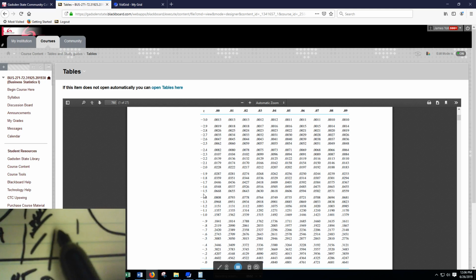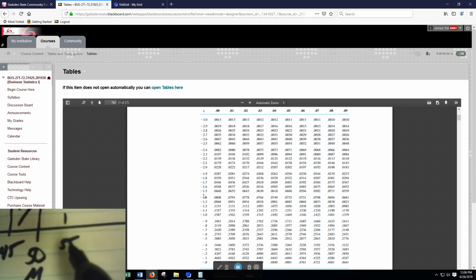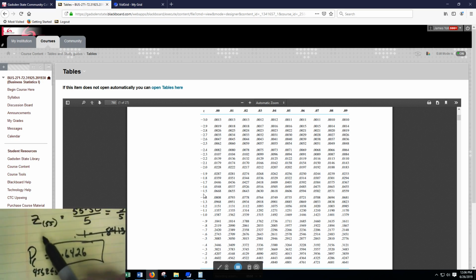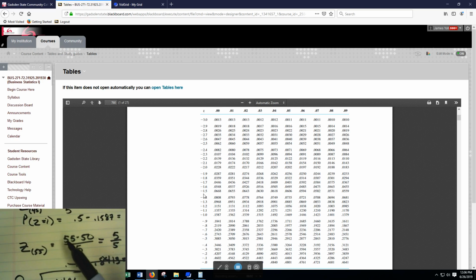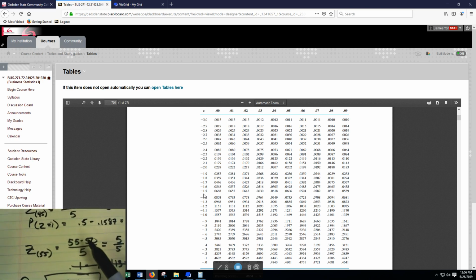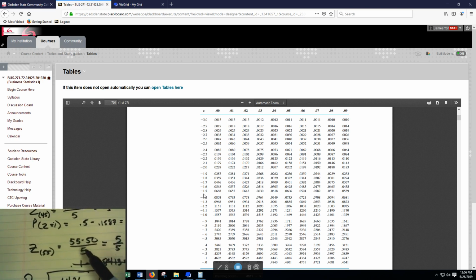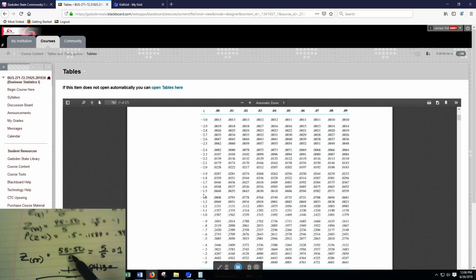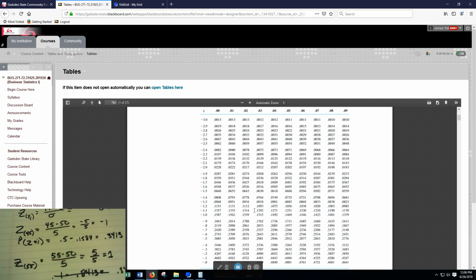Now we want to find the probability to the right of the mean up to 55. So we'll calculate the z for 55. That is equal to 55 minus 50. That's x sub i, which we said was 55, minus the mean, over the standard deviation of 5. That gives us 5 over 5, or positive 1.